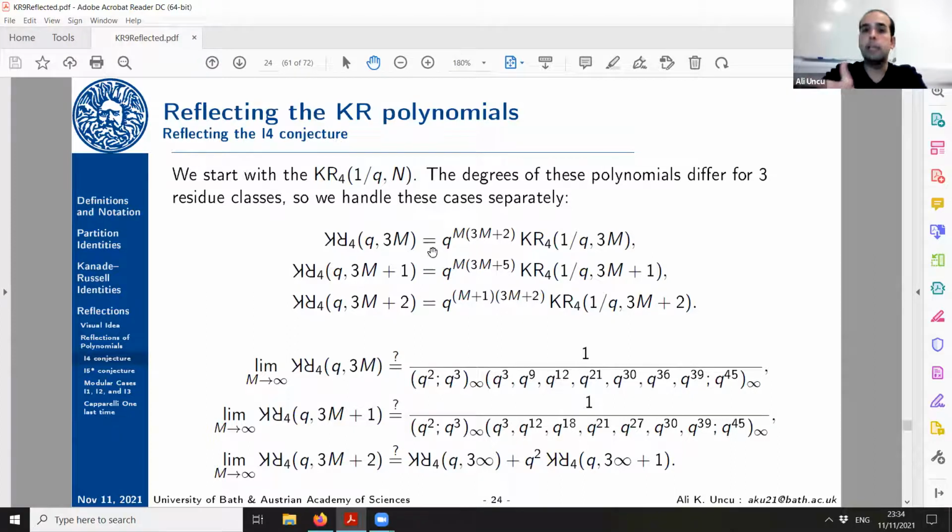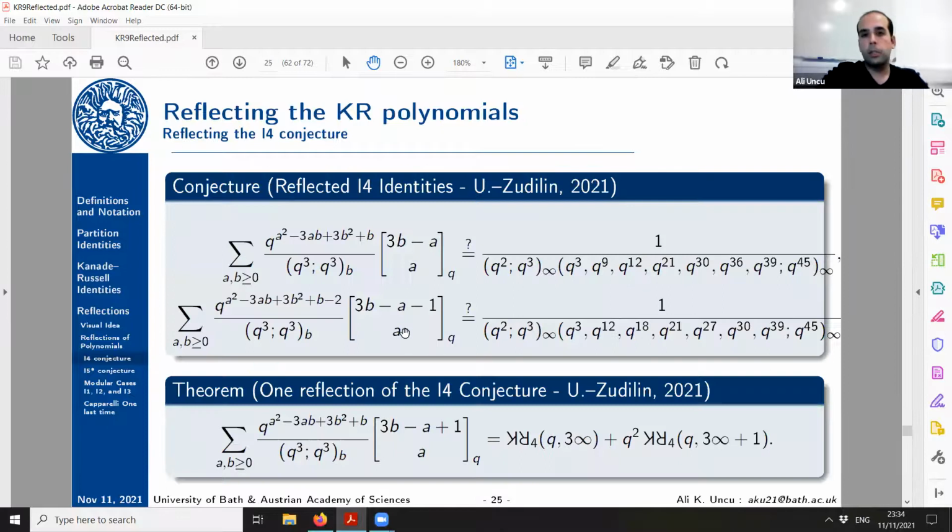You reflect them, clear the denominators. Now they seem to be going to modulo 45. We don't know why they are going to modulo 45, but there was some conjecture on that. And with the explicit generating functions that we already calculated, we were able to put some more substance in these conjectures. So here we could write them as a sum-equals-product conjecture.